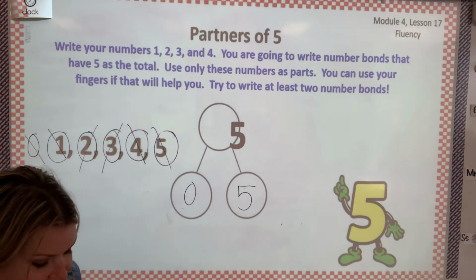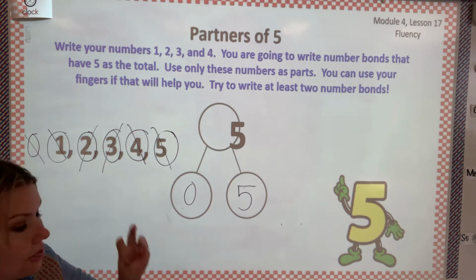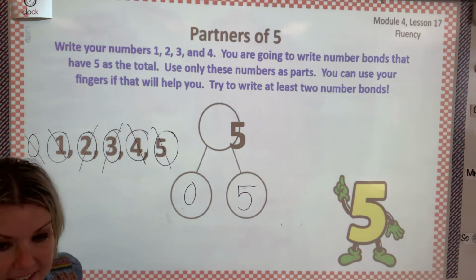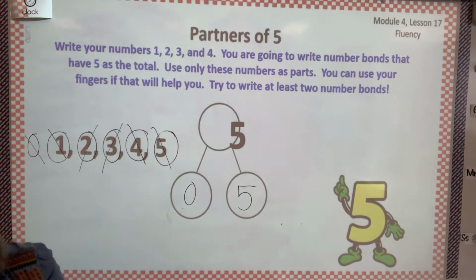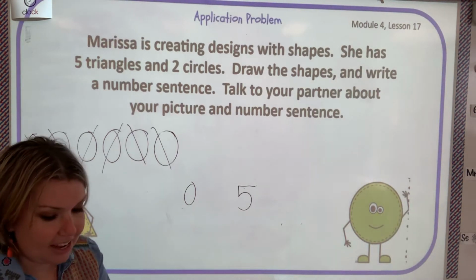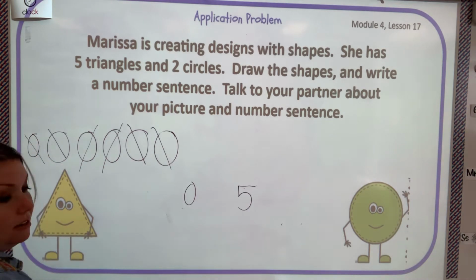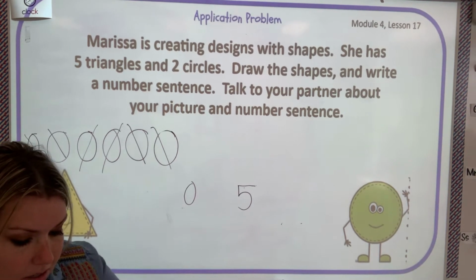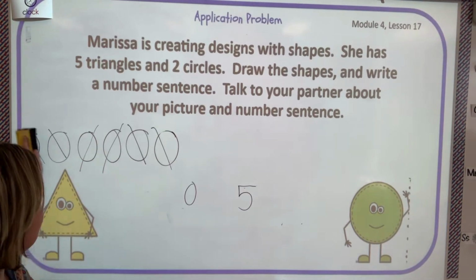We sure did. So we found 3 different ways to make the number 5. Awesome. Okay, let's go ahead and erase your whiteboard. I'm going to erase mine so that it's fresh and clean for when we do our math activity.